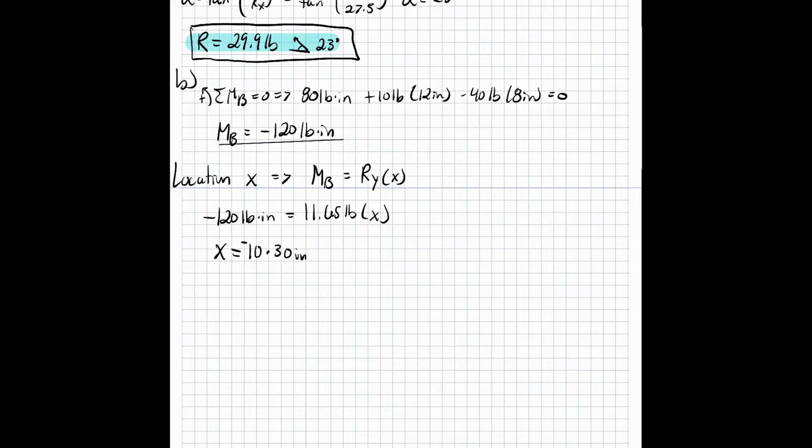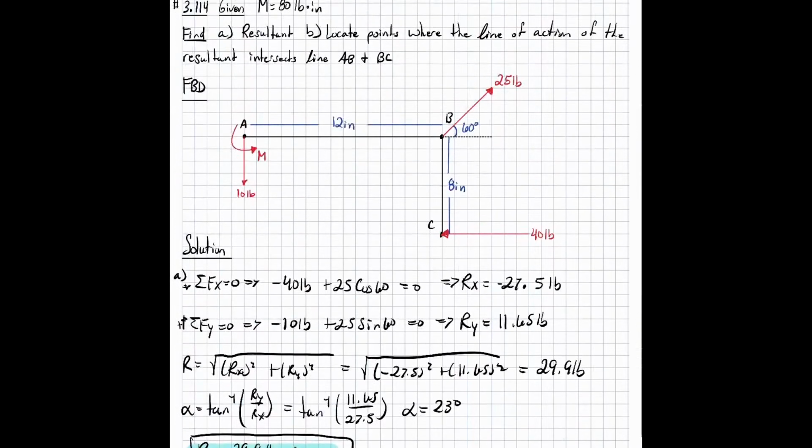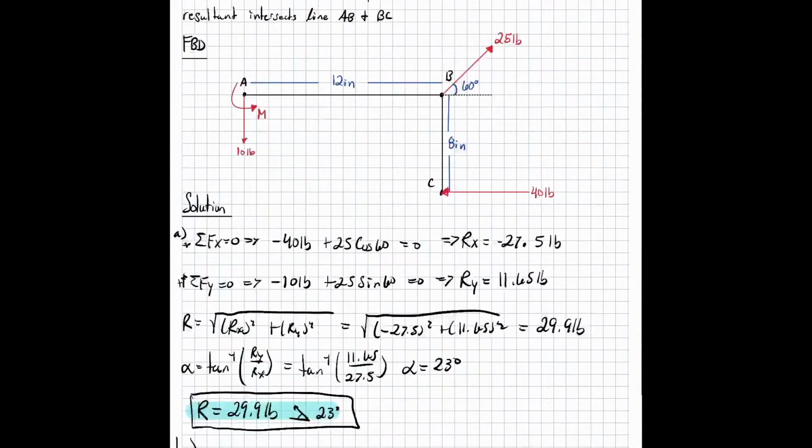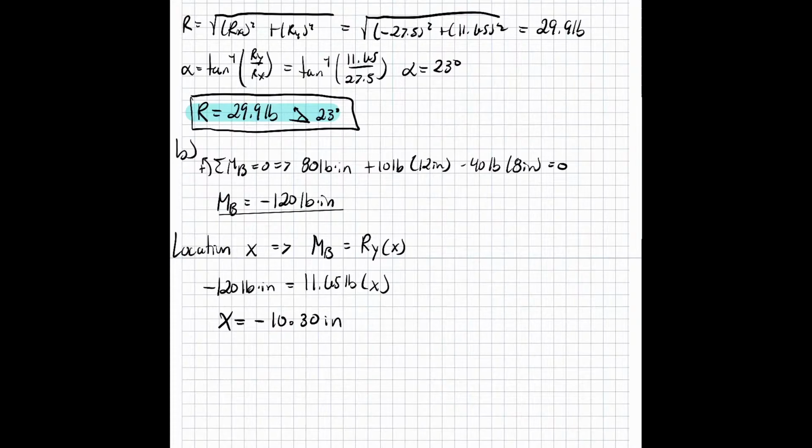Let me write this a little better for y'all. X is going to be equal to negative 10.30 inches. That means, looking at point B, it's negative 10.3 inches, so it's to the left of B by 10.3 inches. You can leave that one as negative. So that's left of B.